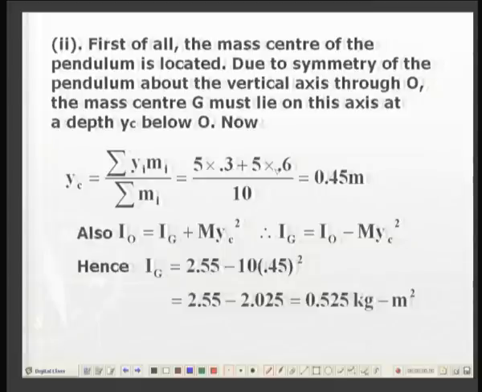Yc is known, so the distance between the axes along the y axis is known. A simple calculation gives Ig as 0.525 kilogram meter square. So this exercise has repeated use of the parallel axis theorem.